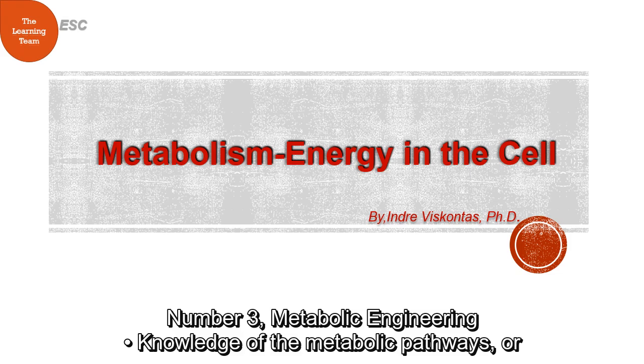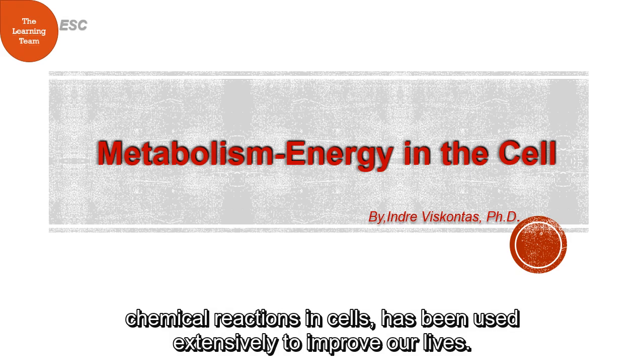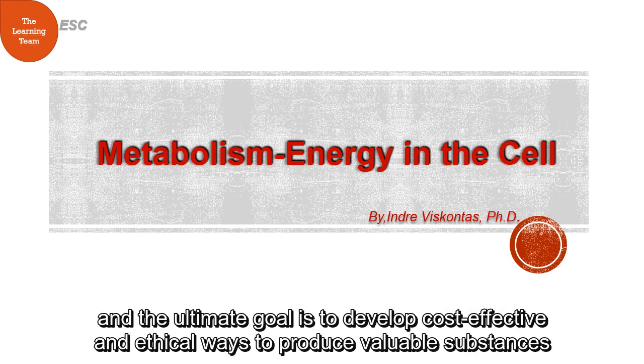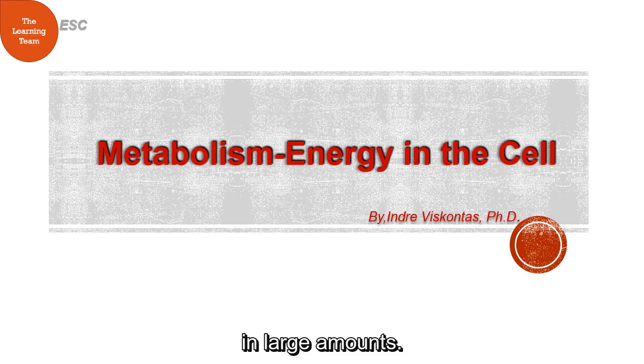Number 3. Metabolic engineering. Knowledge of the metabolic pathways, or chemical reactions in cells, has been used extensively to improve our lives. Harnessing a cell's metabolism to build products is called metabolic engineering, and the ultimate goal is to develop cost-effective and ethical ways to produce valuable substances in large amounts.